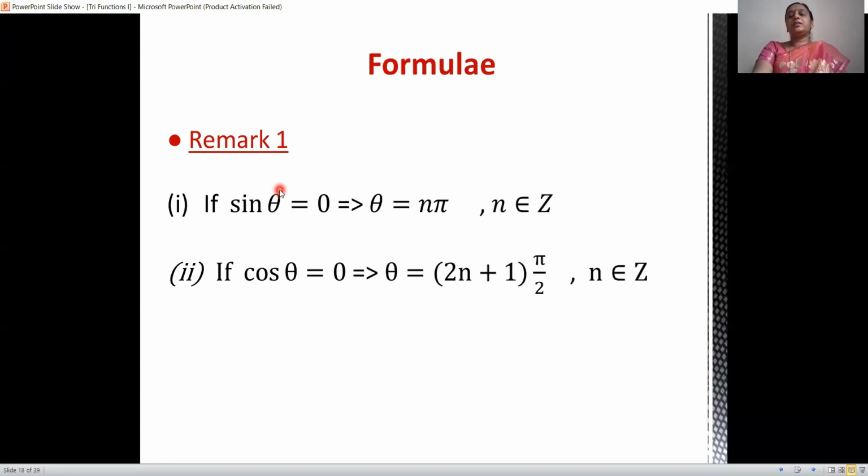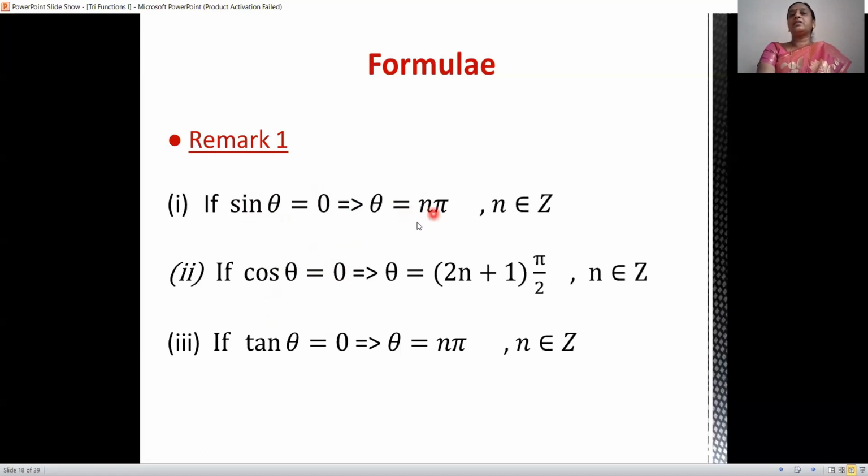For cos theta is equal to 0, if cos theta is equal to 0, this implies theta is equal to 2n plus 1 into pi by 2, where n belongs to Z. Means for cos theta is equal to 0, theta is equal to 2n plus 1 into pi by 2 is the general solution. Means if the functions are of the type sin theta is equal to 0, cos theta is equal to 0, tan theta is equal to 0: for sin theta, the general solution is theta is equal to n pi.